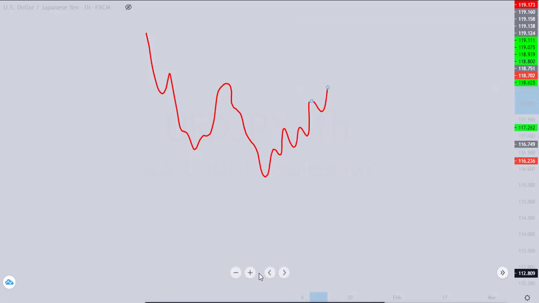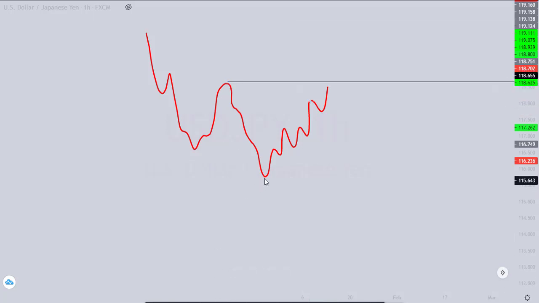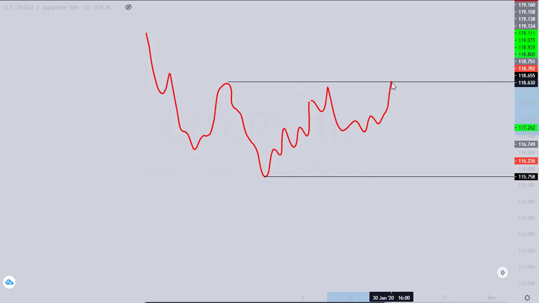Why is it a complex pullback? Because we have our range here and our range here. We didn't break our structure high, so whatever happens here is a retracement, is a complex pullback. No matter what happens, if we didn't break the structure high, it's still a complex pullback, and then you have to go down.